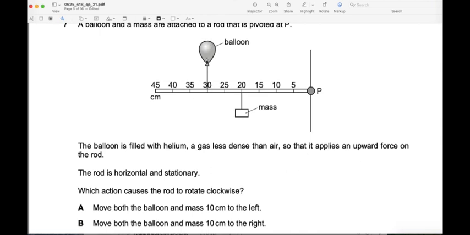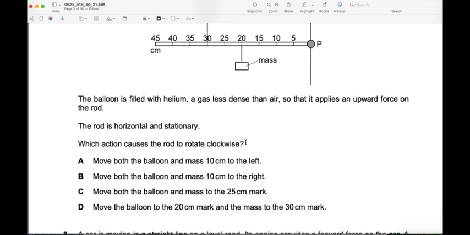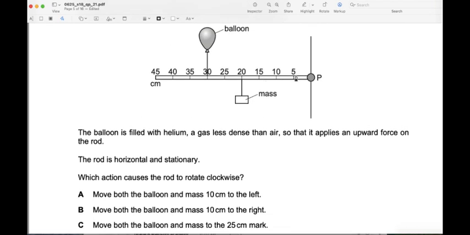This mass is causing a downward force, right? Now the rod is horizontal and stationary.